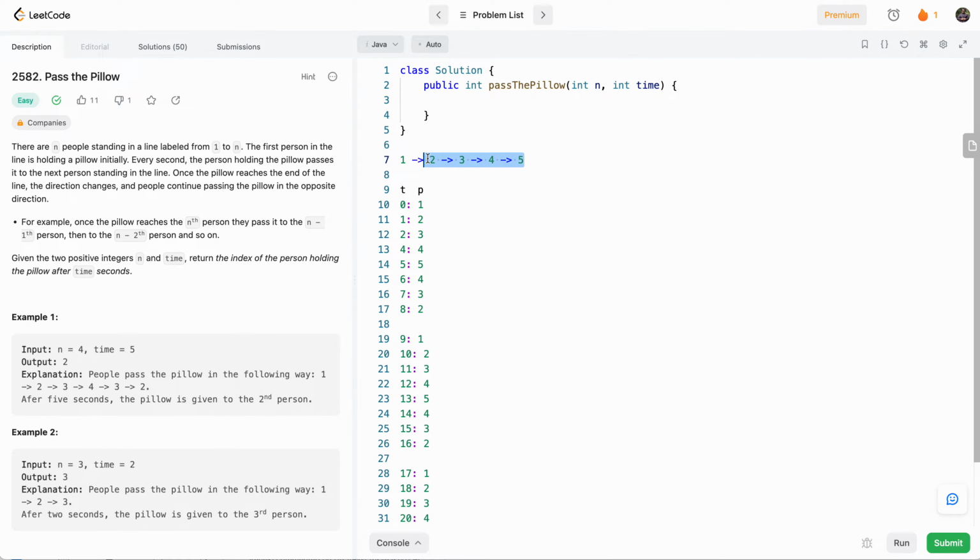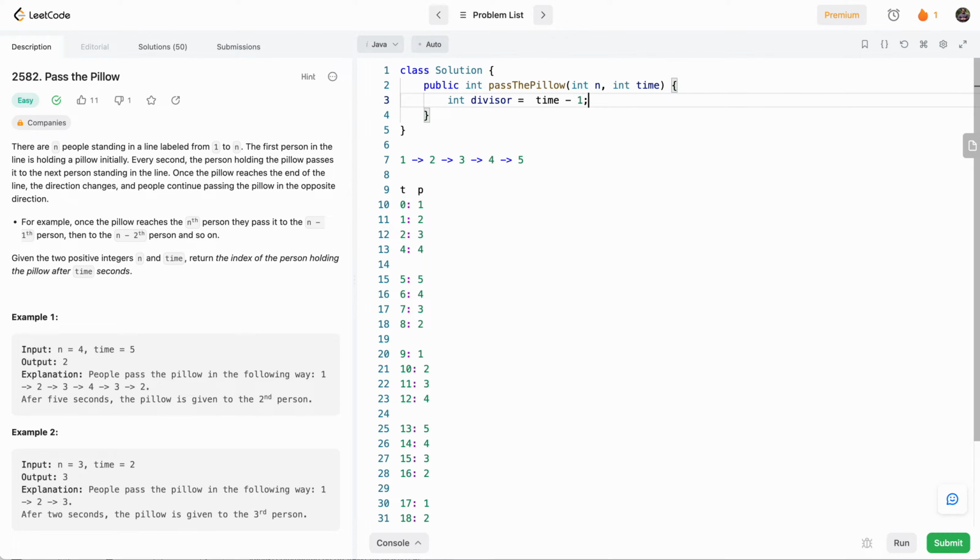So basically, if you notice, we have to divide the time into chunks of n minus 1. First it's this, then this, then this, and so on. So basically our divisor will be n minus 1.